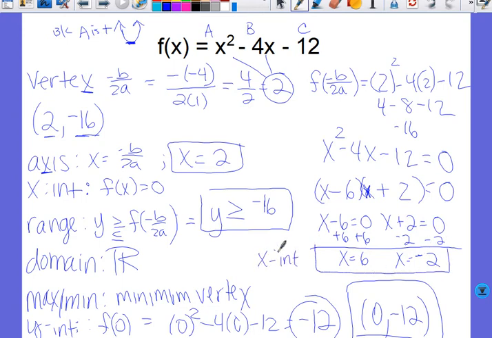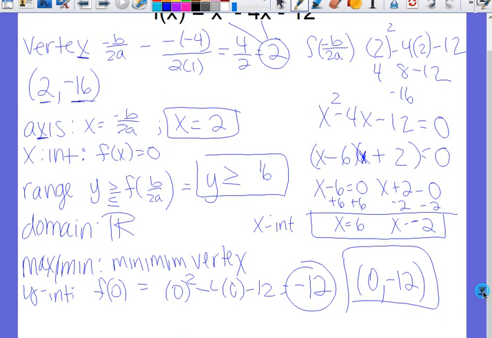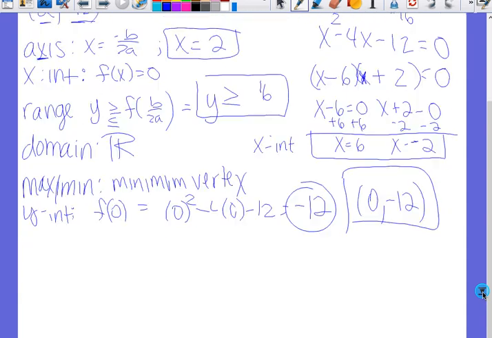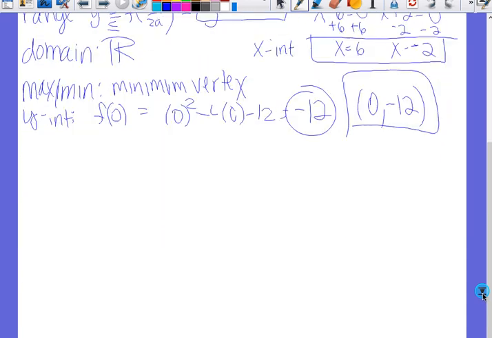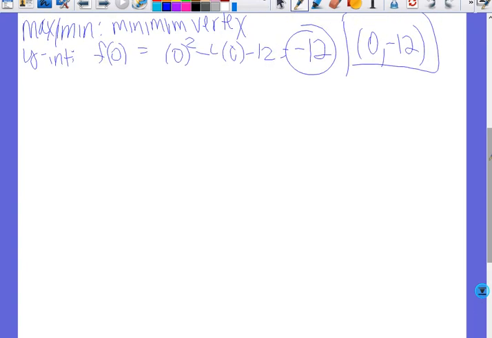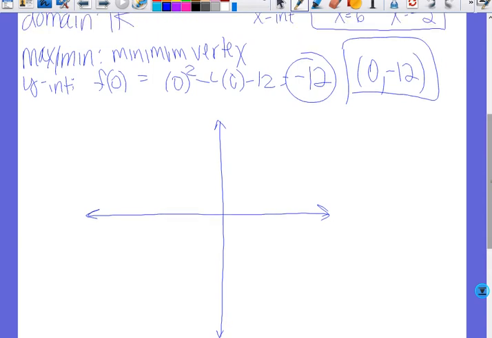Okay? So now why did I do all of that? Because this allows me to graph the function. Okay, so let's start with a little coordinate plane. And I always like to begin with my vertex.